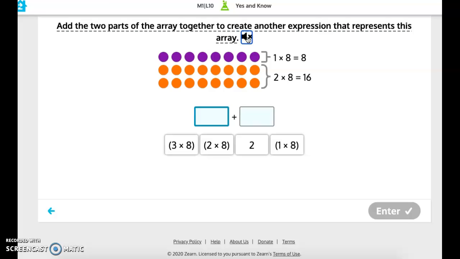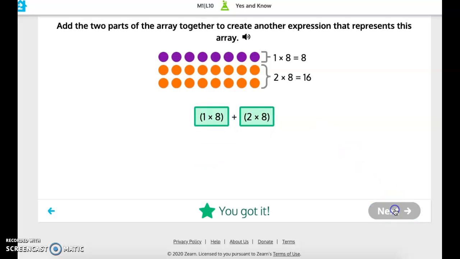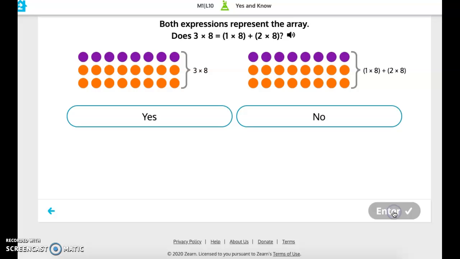Add the two parts of the array together to create another expression that represents this array. Both expressions represent the array.